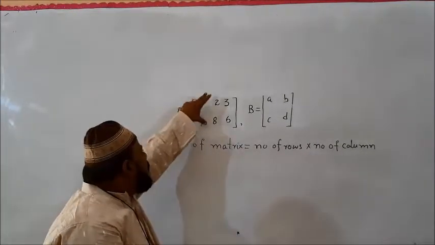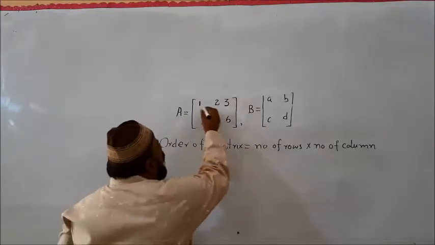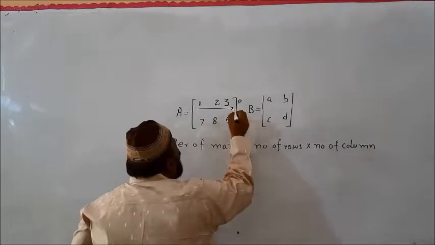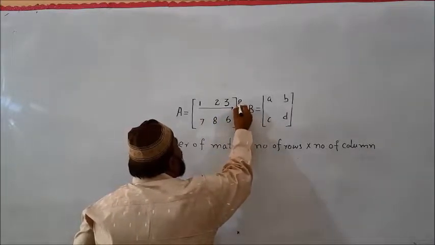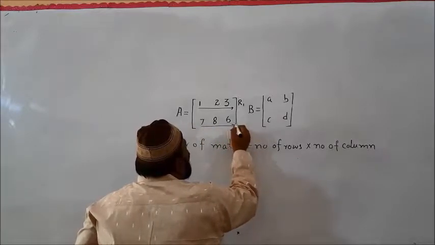For example, I have a matrix, row number 1 and this is row 2.